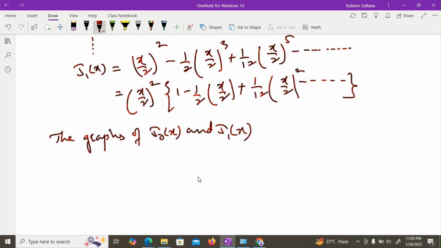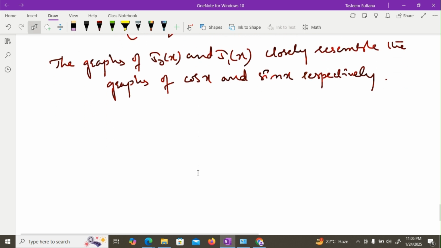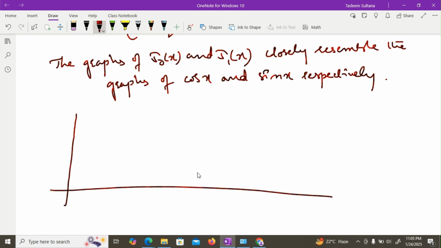The graphs of J naught of x and J1 of x closely resemble the graphs of cos x and sin x respectively. Roughly, I will show you the graph of how it is going to be represented.